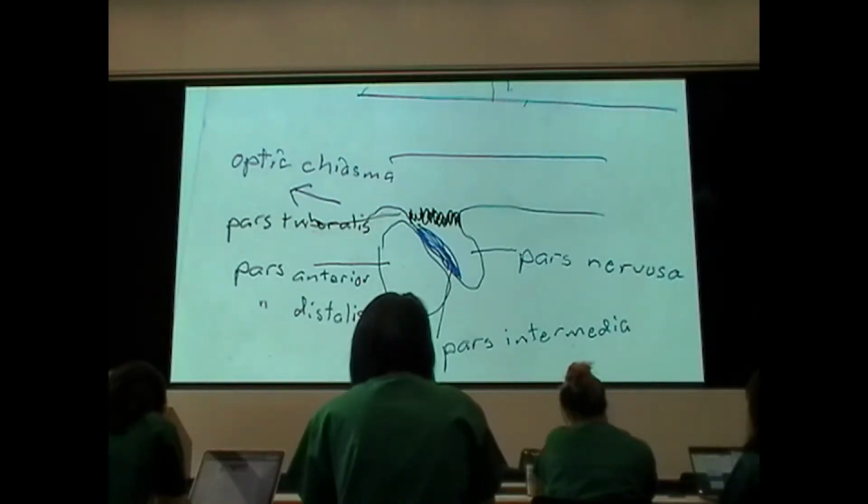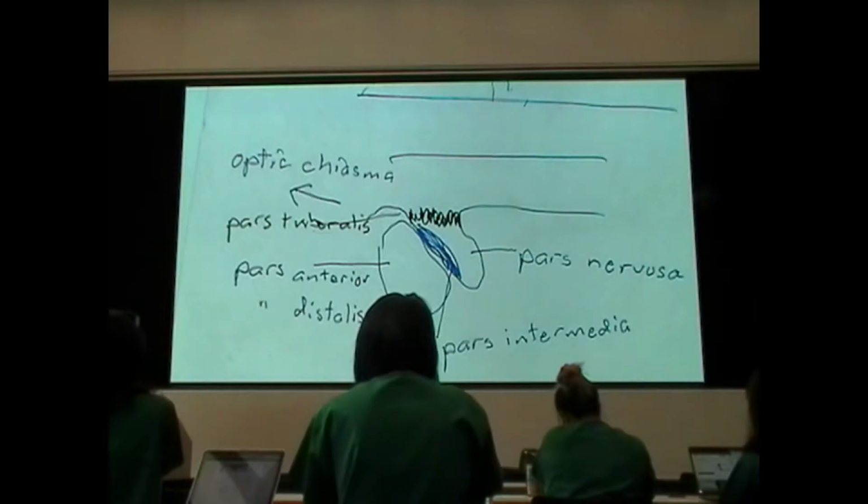This cartilage gets thicker and thicker by interstitial growth. As it gets thicker, it pushes the end of the bone outward so that the bone increases in length.